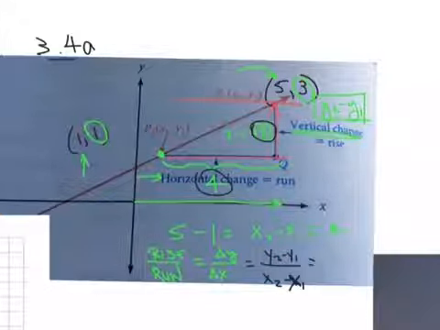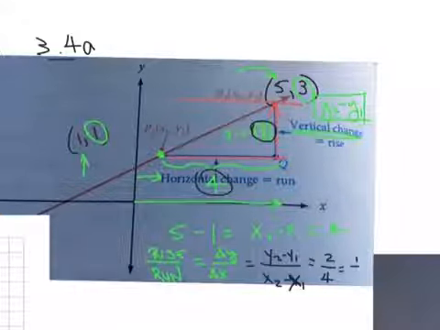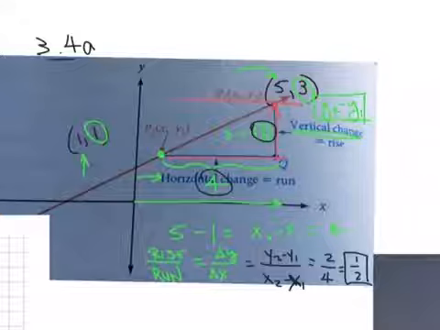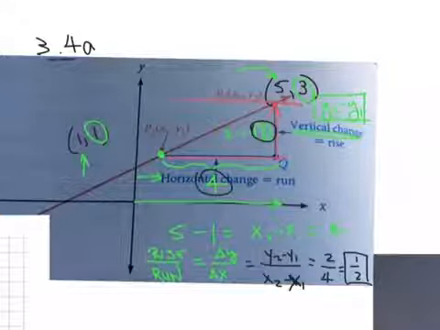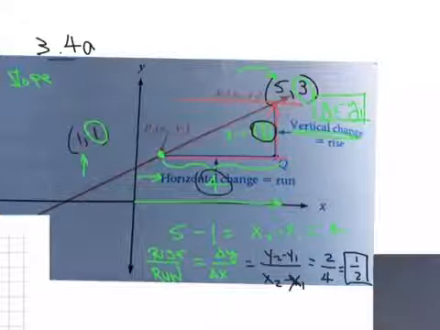So our change in y we said was 2, our change in x we said was 4, so our slope is that reduced, which is 1/2. So that's our slope, and we went from left to right, and whenever we go uphill, that's positive. Instead of writing slope over and over, the symbol they use for slope is the letter m.